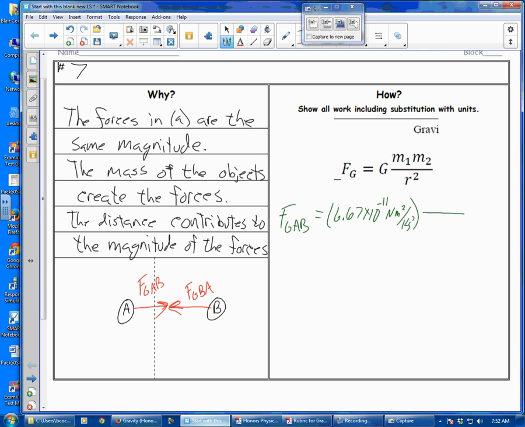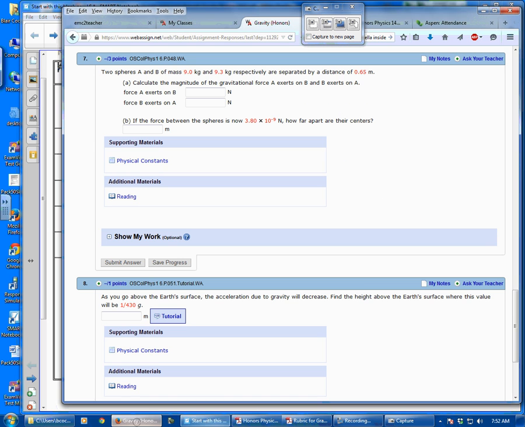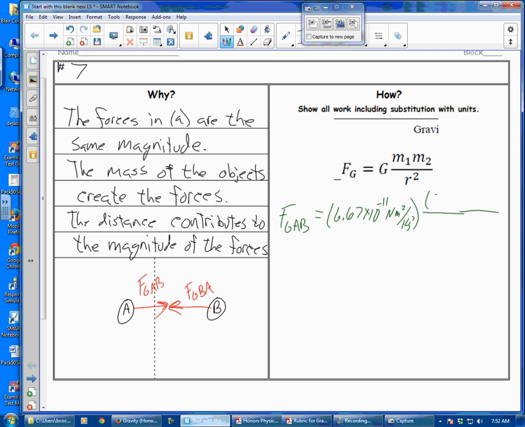Find more room, there we go. For me, M1 and M2 are 9 kilograms and 9.3 kilograms, and r is 0.65 meters squared. And now it's just plugging in those values and coming up with your answer.